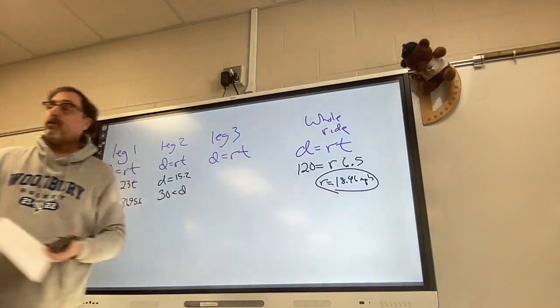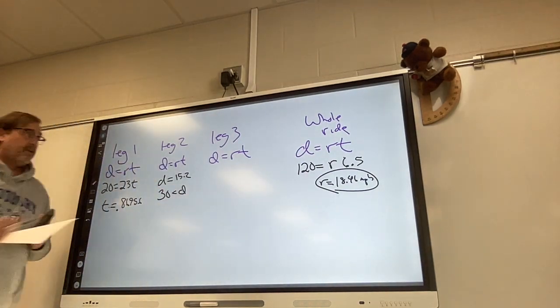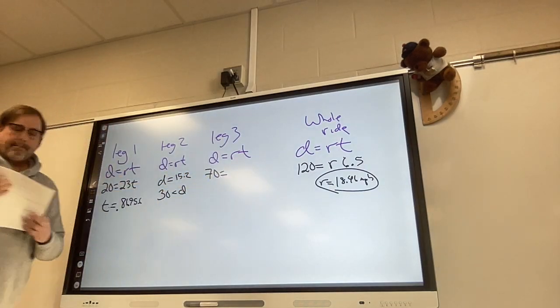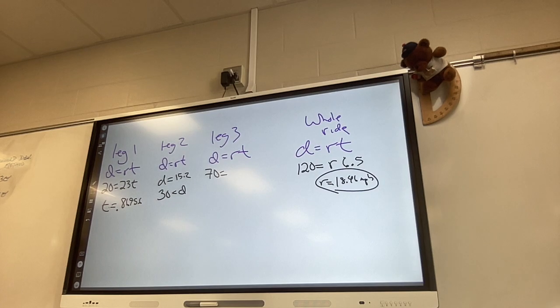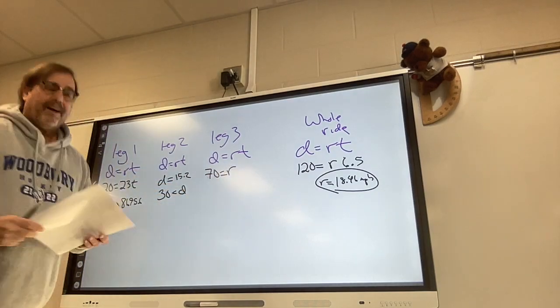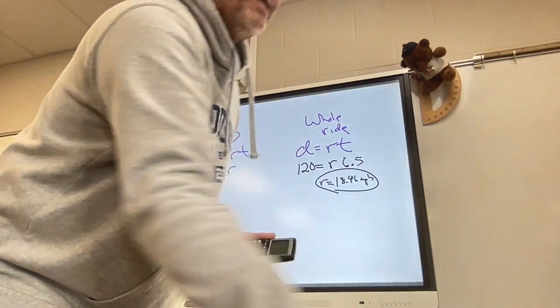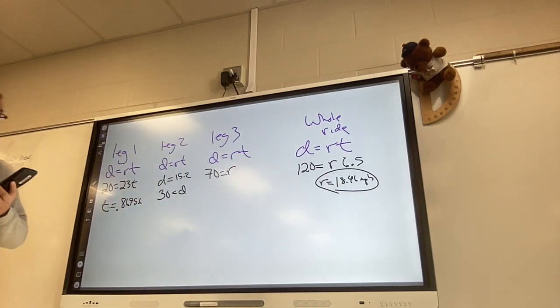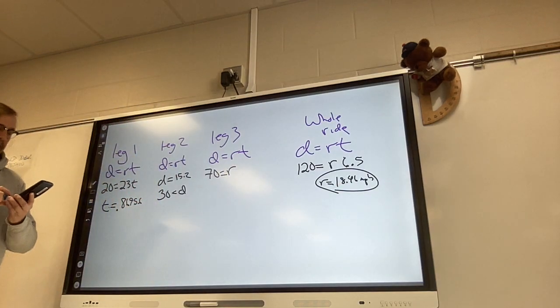The whole thing is 120. So we know the distance of the last leg is 70. Do we know how fast we have to ride yet? No. Do we know the total time? We want to finish in 6.5 hours.